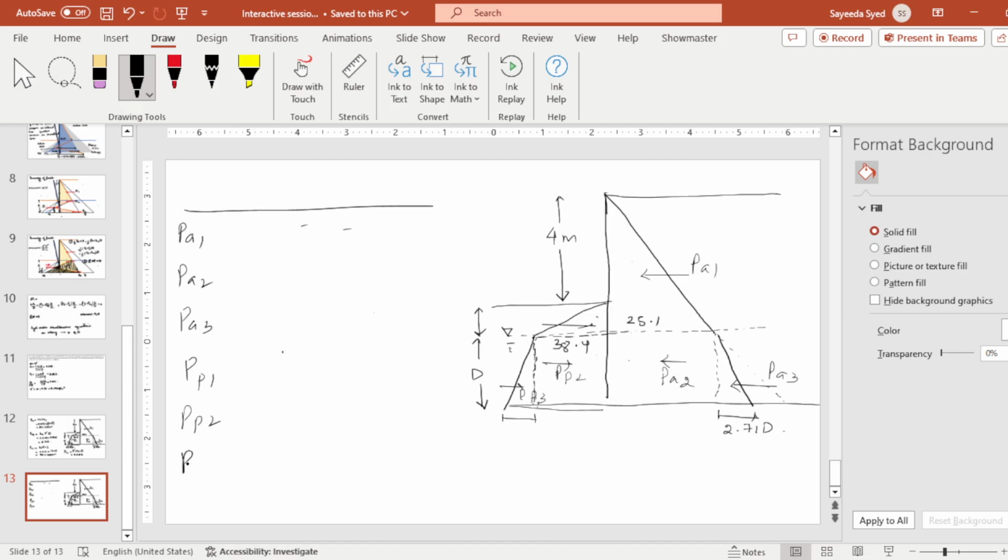So our x bar: PA1 is acting at this, which is 5. This will be 4 plus D minus 2 by 3 into 5, that is 10 by 3, so 4 plus D minus 10 by 3, or we can simply say D plus 5 by 3.